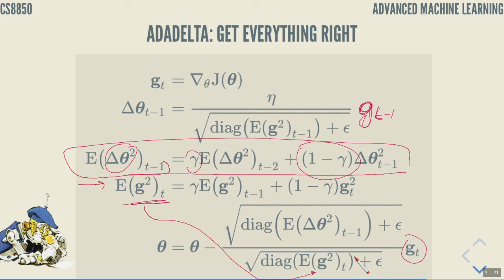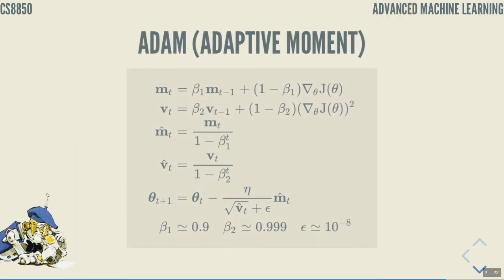Observing how Adagrad works, how RMSprop and Adadelta work, and what is happening with them, the authors of Adam, the adaptive moment method, basically were trying to approximate second order.